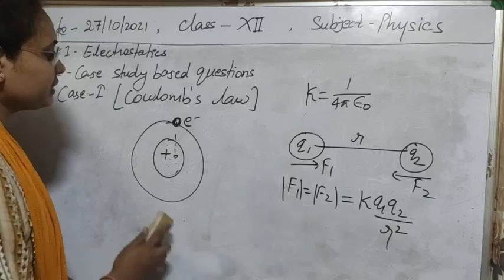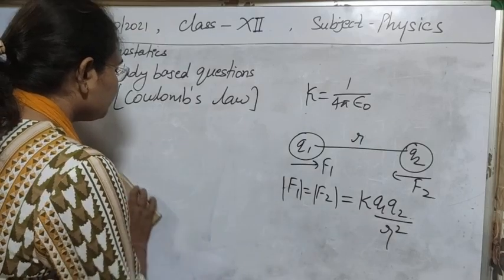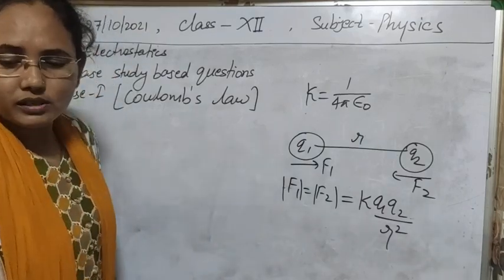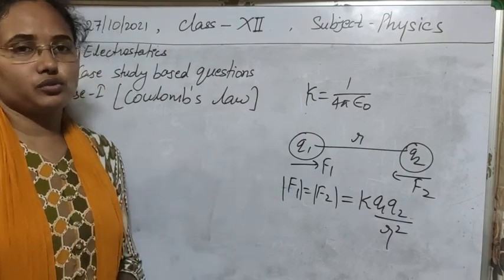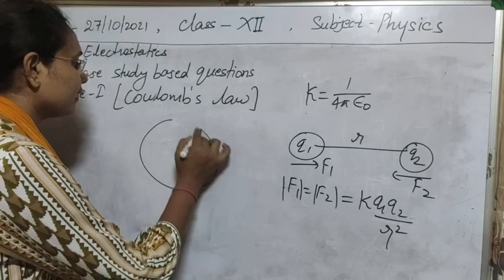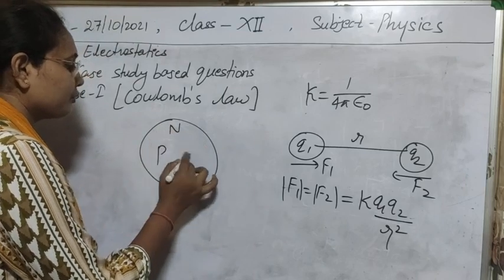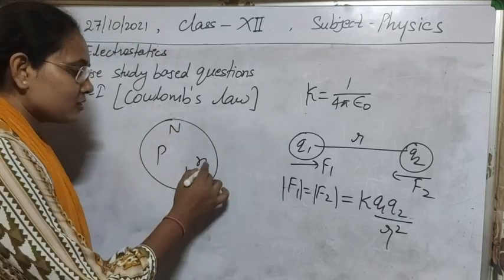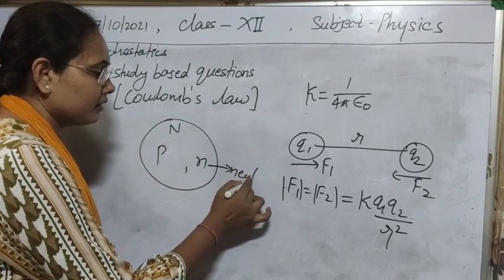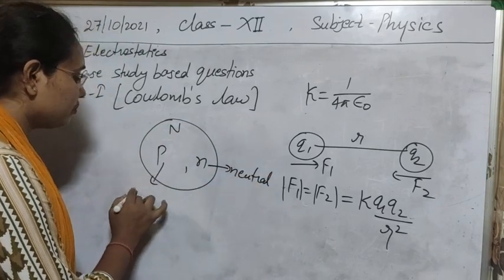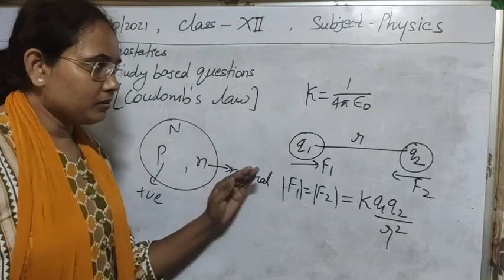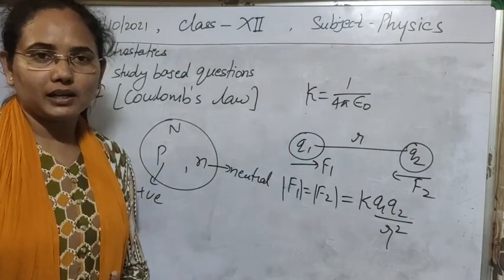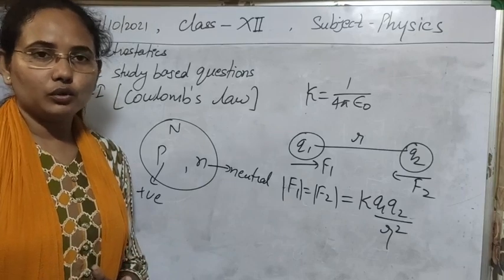The second statement says the Coulomb force binds protons and neutrons together. In the nucleus, both proton and neutron exist, but the neutron is a neutral particle and the proton is positively charged. As you know, Coulomb's law holds only for charged particles. It does not work for neutral particles.